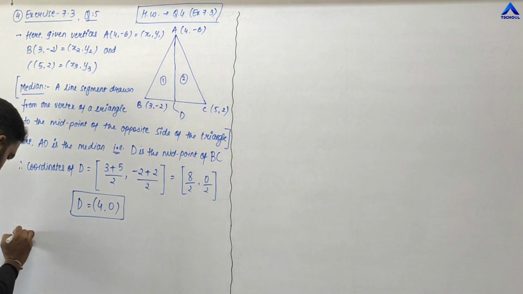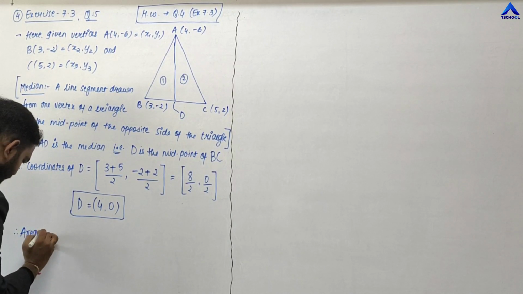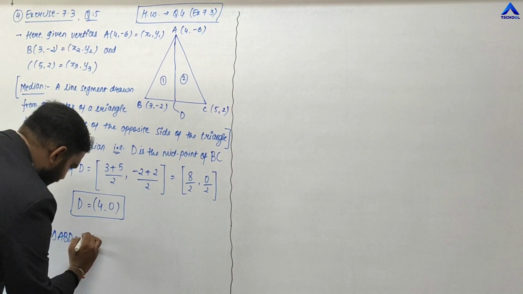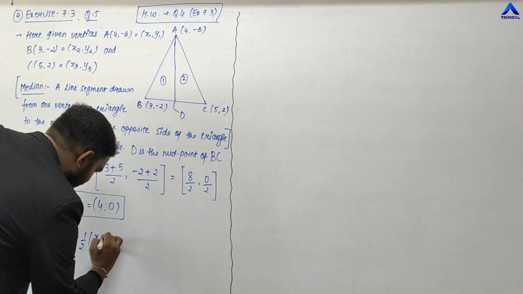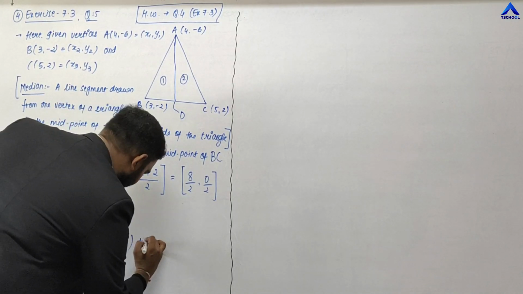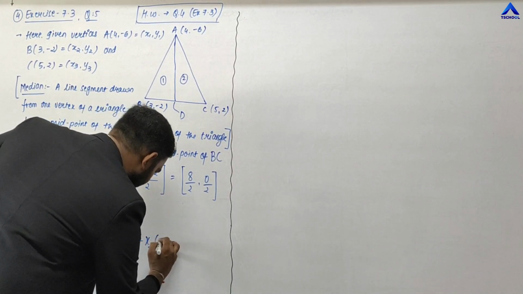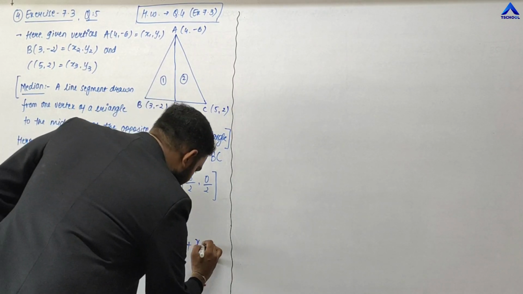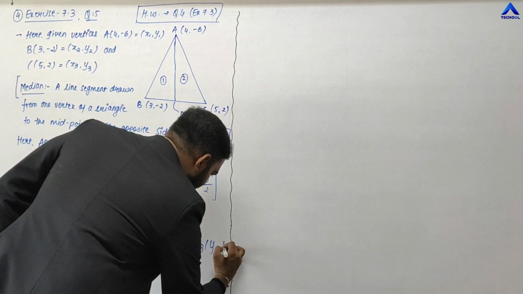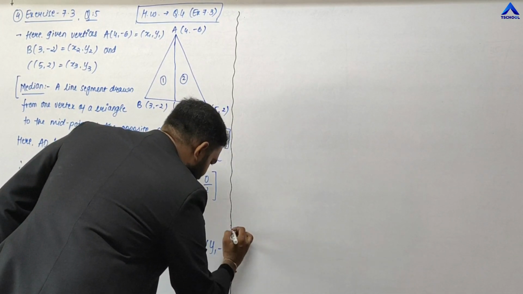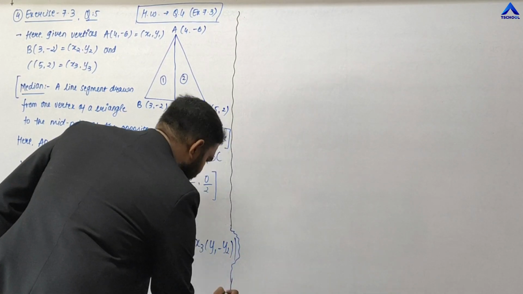Therefore area of triangle ABD can be written as half modulus x1 into y2 minus y3 plus x2 into y3 minus y1 plus x3 into y1 minus y2, and that too in modulus.